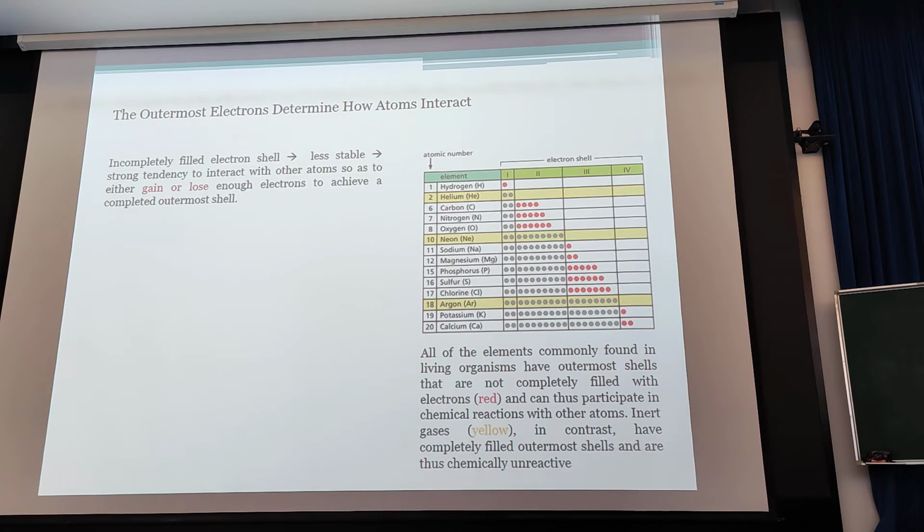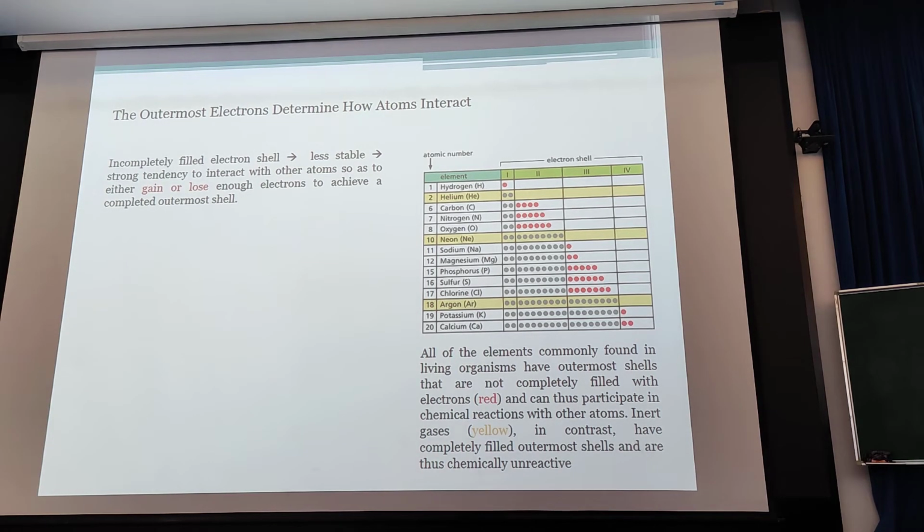The outermost electrons of an atom determine how they interact. If they have an incompletely filled electron shell, it makes them less stable, and they tend to interact with other atoms to gain enough electrons to complete the outermost shell.